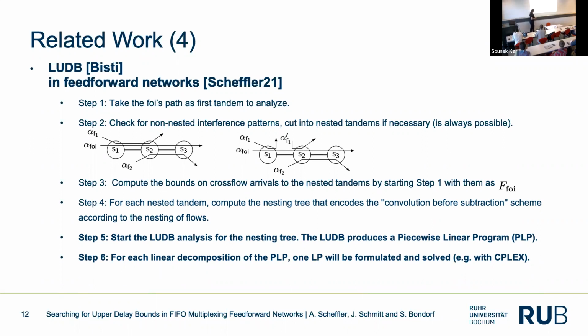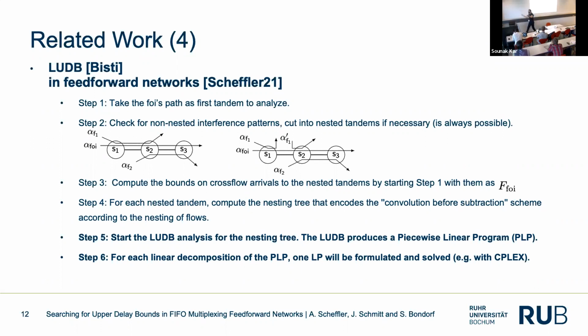Because what the least upper delay bound, as it was proposed initially, produces is a piecewise linear program, even though the input functions are token buckets and rate latencies. And then this PLP needs to be split up, decomposed into one LP per token bucket stage. And these LPs then can be solved with a solver like Cplex.